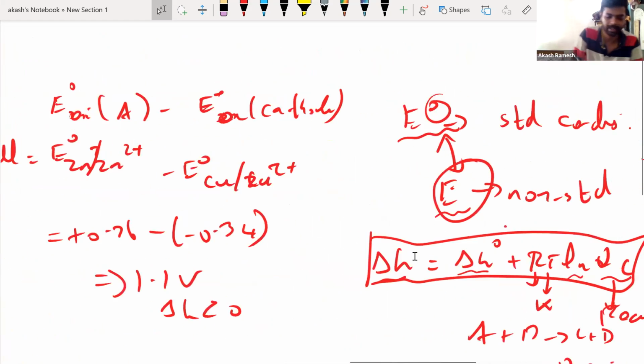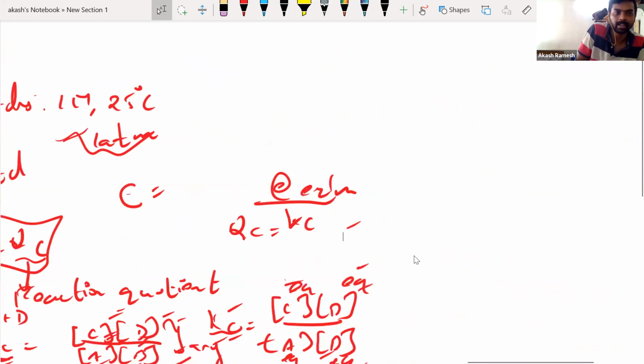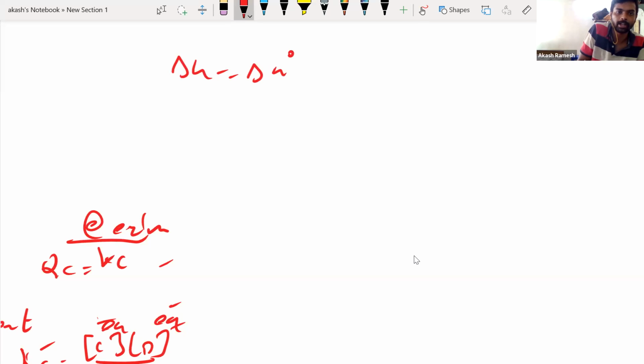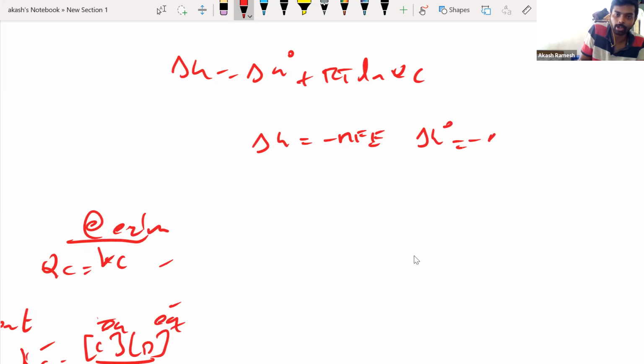You also have delta G equal to minus NFE, and delta G naught equal to minus NFE naught. If I use standard Gibbs free energy, I use standard potential; if non-standard, non-standard potential.